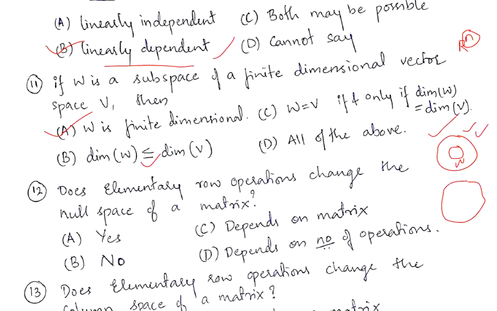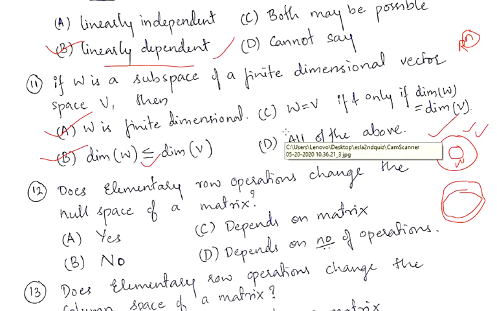Somewhere it touches. If it touches, the dimension of W might be equal to the dimension of the vector space. So it can be equal or less than, but never greater than. So B is also true.